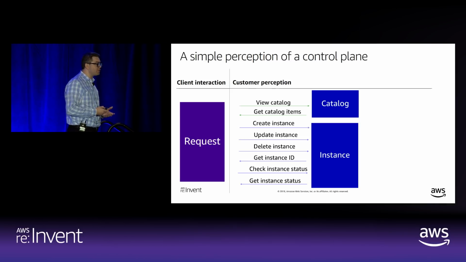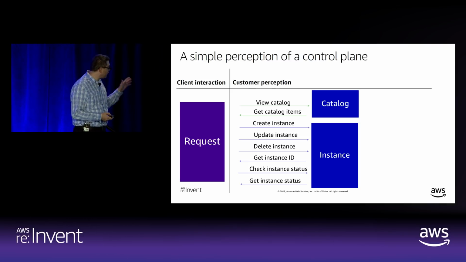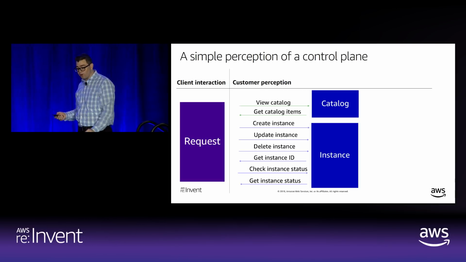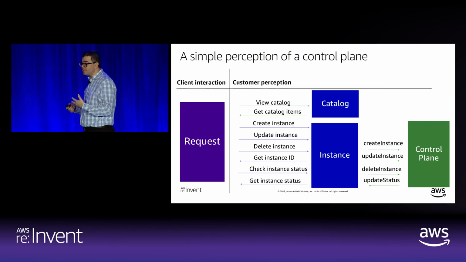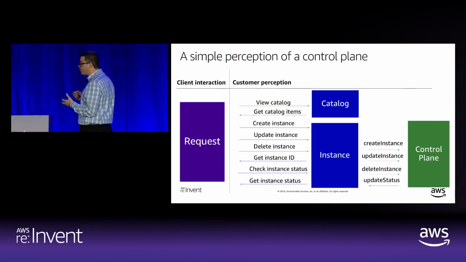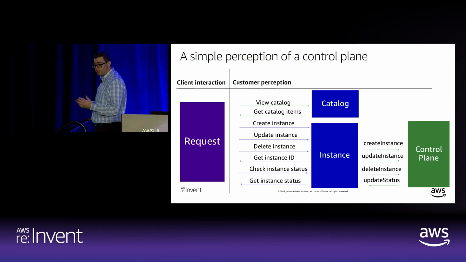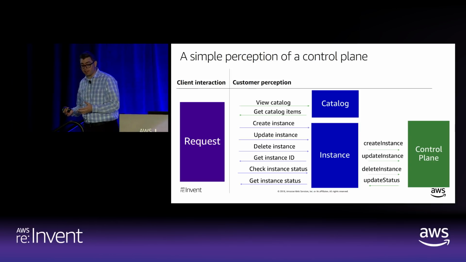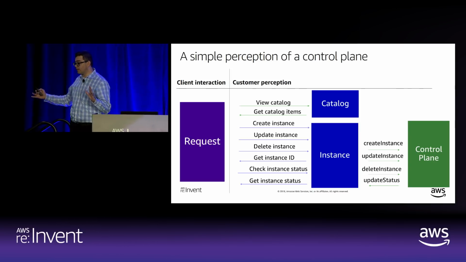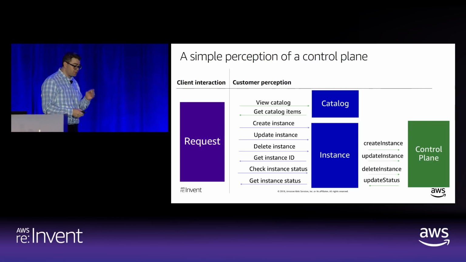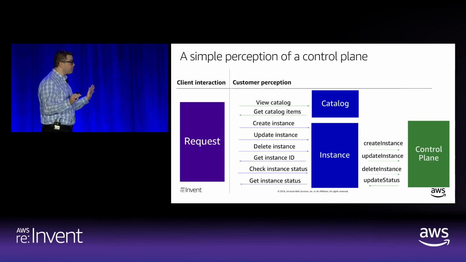It may be a FinServ solution. Ultimately, what they're trying to do is be able to instantiate. And after they instantiate, you're responsible for being able to maintain the provisioning and the release profile and being able to tell them, okay, you're ready to consume, or you're not ready to consume. Super simplistic, and now we're going to deep dive in a moment when people finish taking pictures. So, simple perception of a control plane.